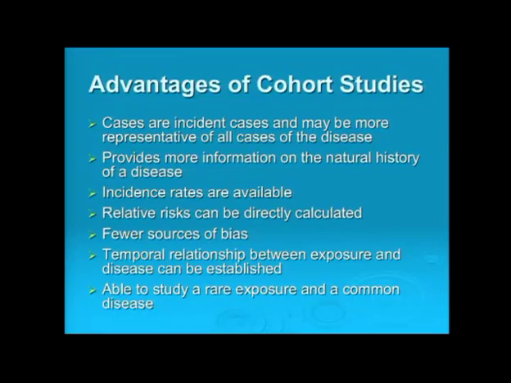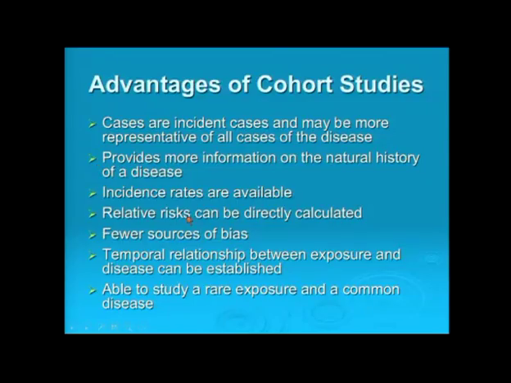One of the most important things about a cohort study that we don't have in a case control study is that in a cohort study you can actually calculate incidence rates, which we want to know about. And this is a real flaw in a case control study, is that you can't get an incidence rate because you're already starting with people who have your outcome, the disease of interest.